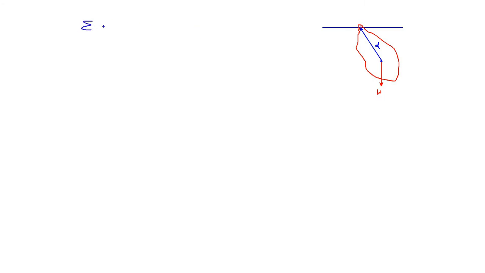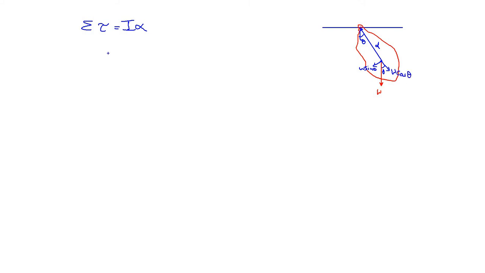So the net torque acting on the physical pendulum is I times alpha. Again there are two components of weight. This one is the restoring one, W sine theta, where we're assuming this angle is theta. So this angle is also theta, and this is W cosine theta.